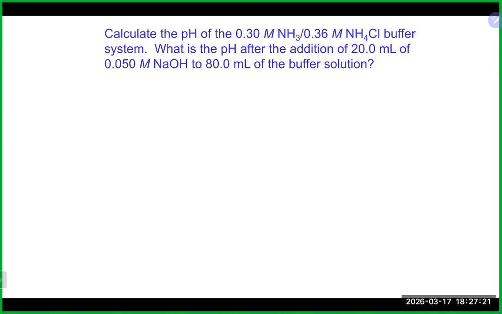Let me give you a Ka value, I guess. Actually no, let's do Kb. Let's have fun. The Kb value for NH3 is 1.8 times 10 to the minus 5. I know you're thinking, I just saw that number, but it's also this one.